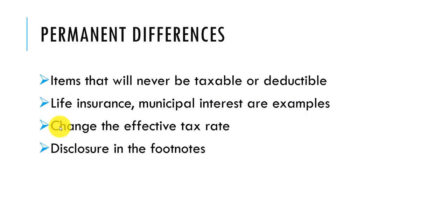So first of all, we want to talk about the concept of permanent differences. All of the issues with regard to income taxes, as far as accounting, arise because the tax law is different than U.S. GAAP.